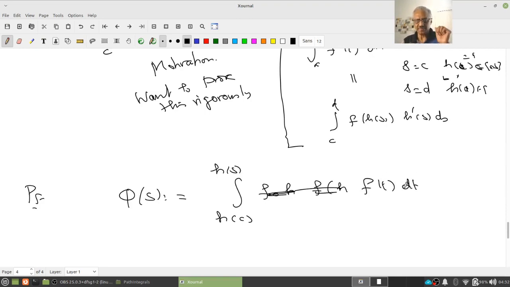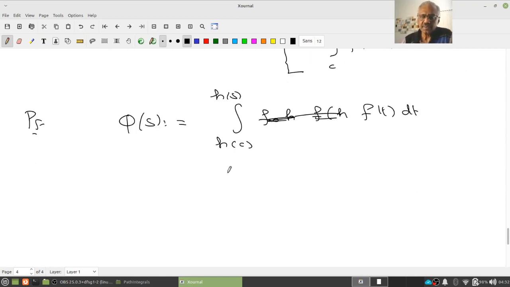I'm very sorry. Remember h of c and h of s are in the interval [a,b], therefore f of t makes sense. This is our definition. Is that okay?